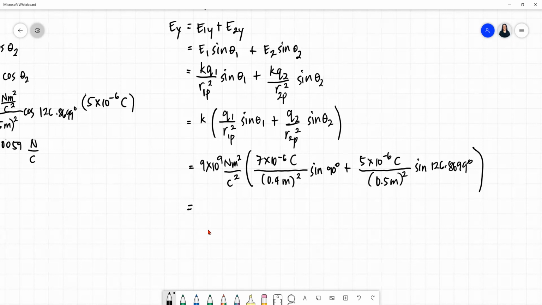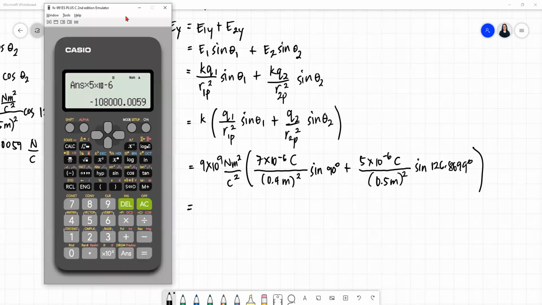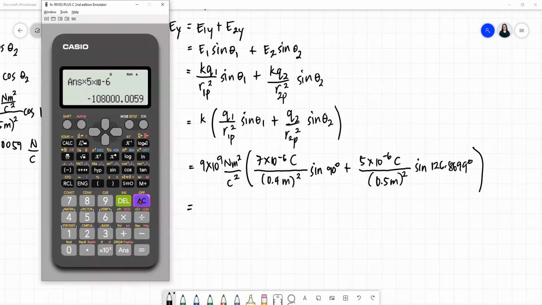So that it won't be very long on the calculator, we can first do this. 7 times 10 to the negative 6 times sine of 90, then divided by 0.4 squared.